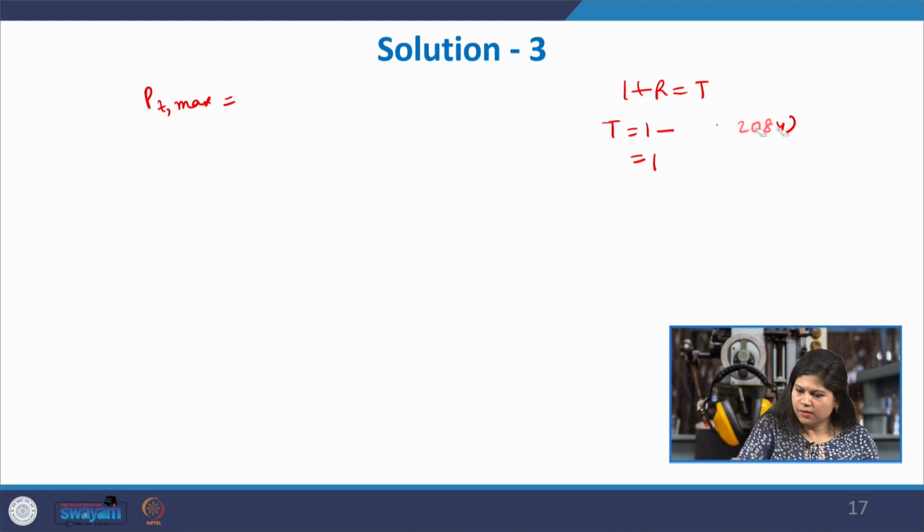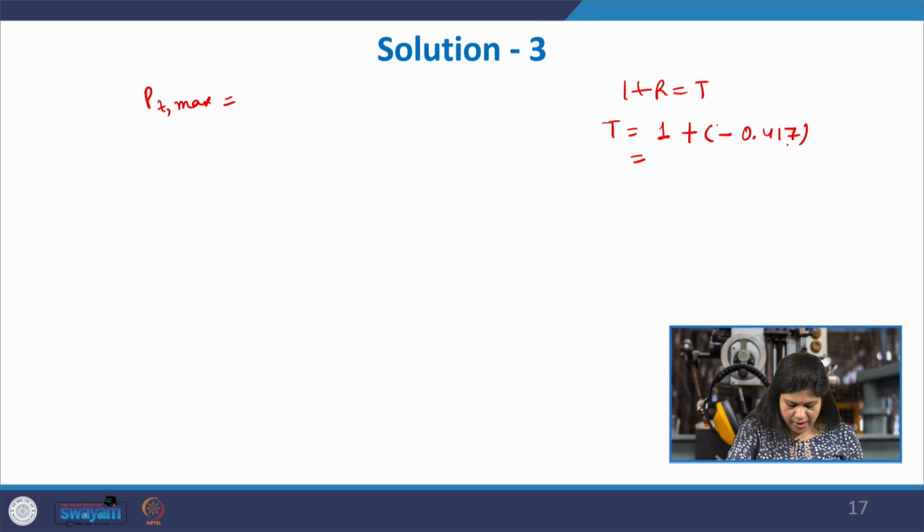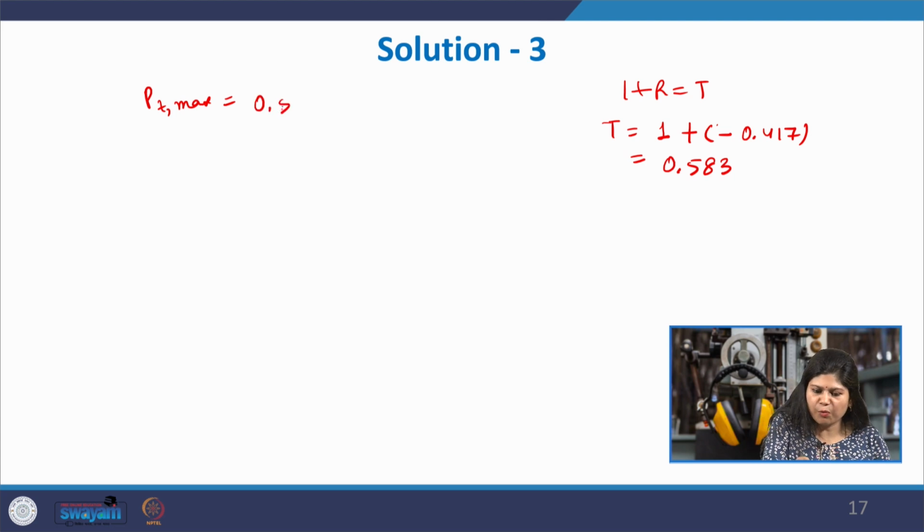Let us see this equation once again. It is 1 plus minus 0.417, which is our R. And this comes out to be 0.583. So, Pt max should be 0.583 multiplied by 0.5 pascals. So, overall you get 0.2915 pascals.